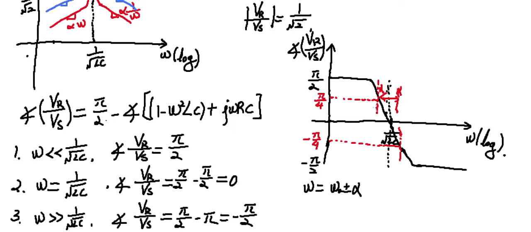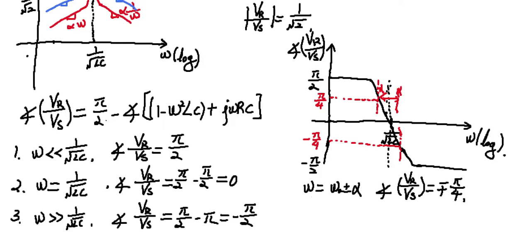So again, how steep this slope is and how fast the phase transits from pi over 2 to negative pi over 2 is dominated by the quality factor. So basically, when omega is equal to omega 0 plus minus alpha, the phase of VR over Vs becomes negative or positive pi over 4.